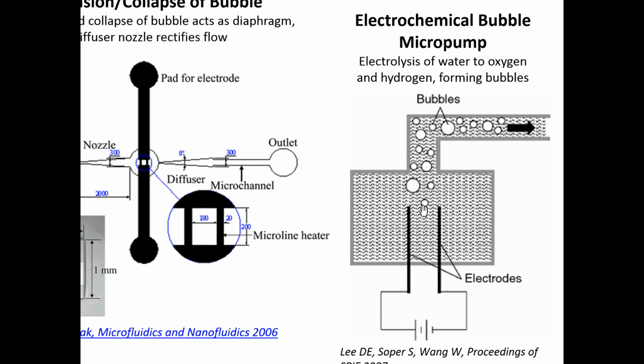So these types of things are generally useful for single-use applications. If you just have some drug inside a chamber and you want to push that drug out of the chamber, a one-time use kind of thing, then electrochemical pumps can be useful in that regard.